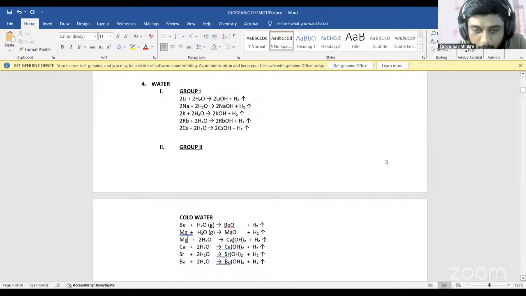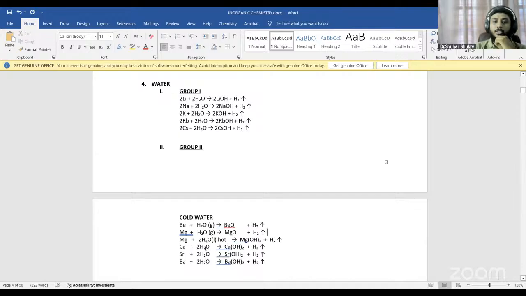Magnesium reacts with water, you get magnesium hydroxide and hydrogen. This H2O is a liquid, right? But we'll put hot here. I'll write this as hot. Okay, hot water, so it produces magnesium hydroxide and hydrogen.